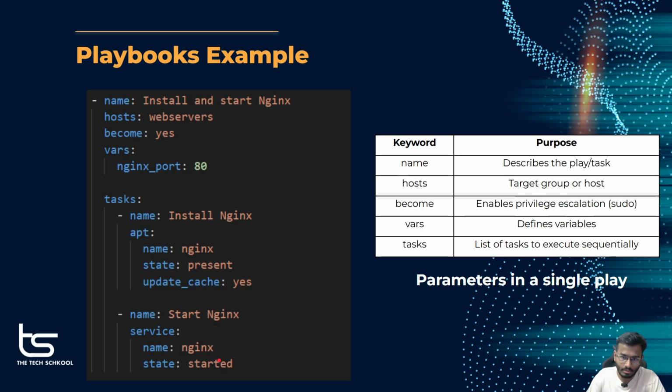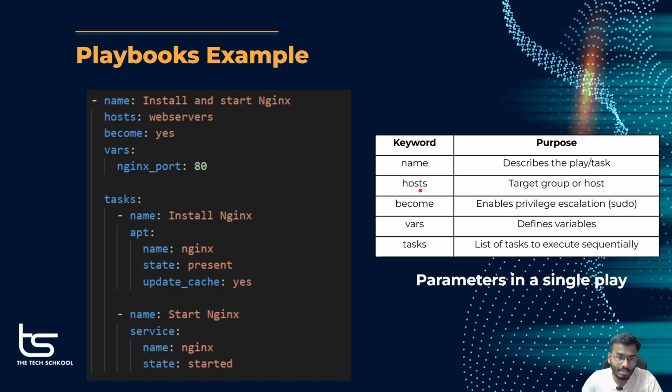These keywords are important inside these playbooks. The name suggests that we can give any name to our plays, which will help us understand what the play is essentially. This can be anything as per your requirement. Next is hosts.